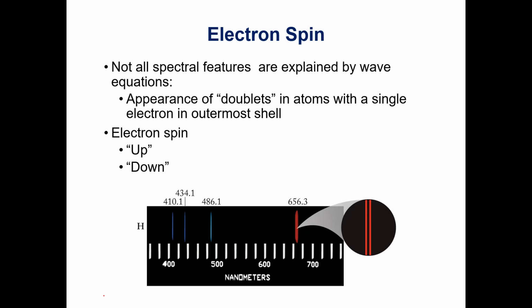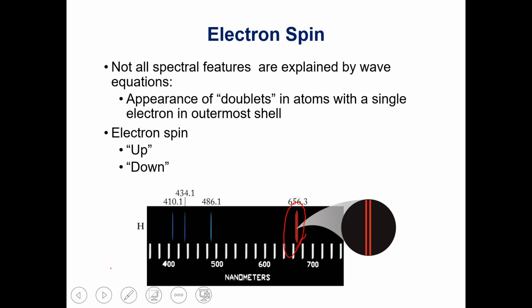If we look at this line at 656.3, if you zoom in on that, that's actually a doublet. There are actually 2 lines there. So the question is, how do we get doublets? Well, the way that we get doublets is there are actually 2 electrons, and those 2 electrons have different spins. There's an up spin and a down spin.